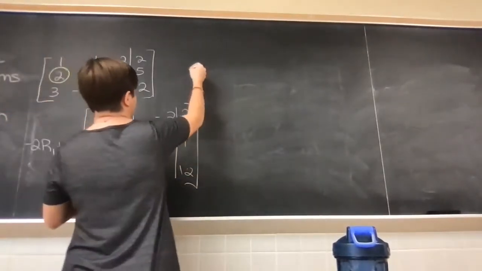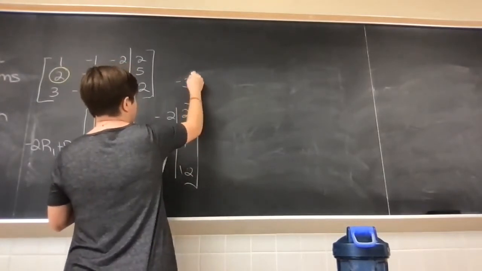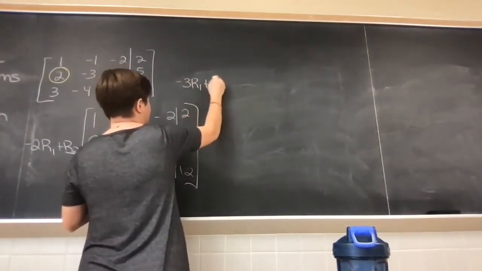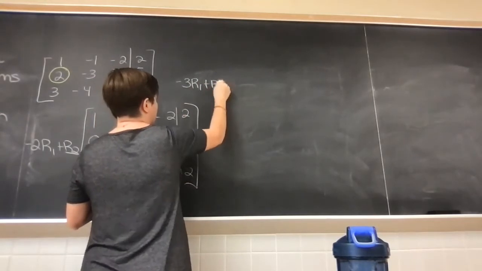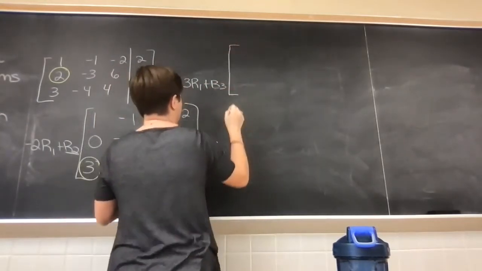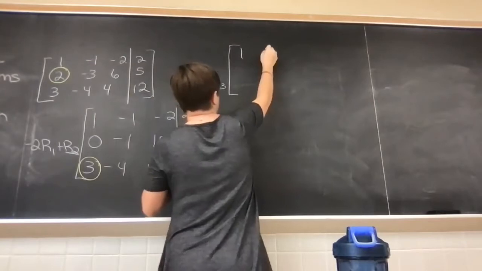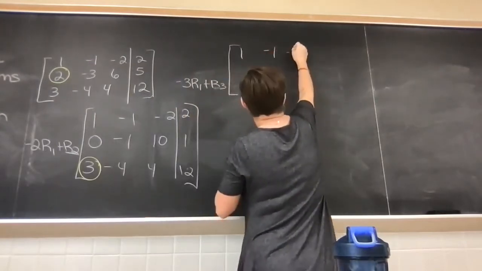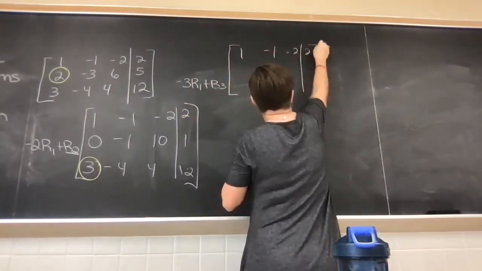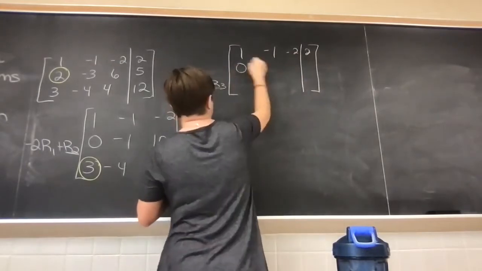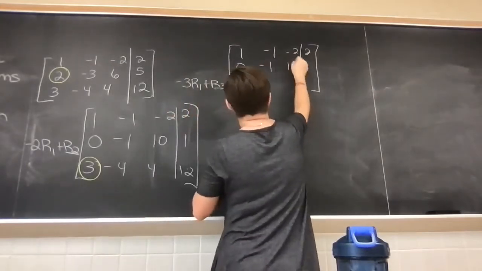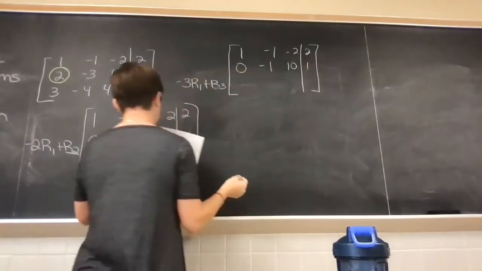So if I do negative 3 times the first row and add it to the third row, that'll give me my new third row. So my top row stays the same. My second row stays the same. It's this third row that's going to change.